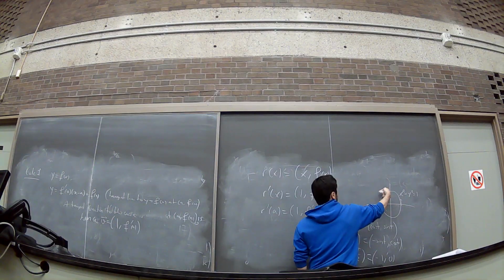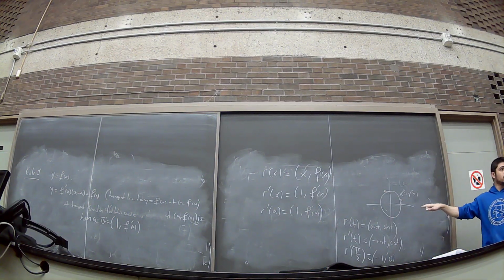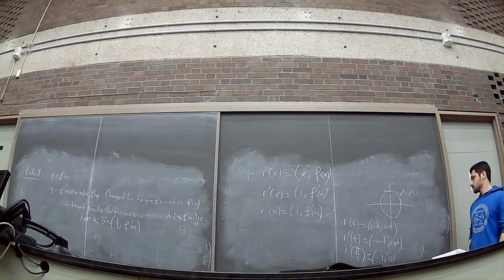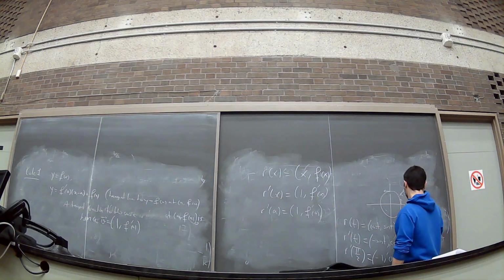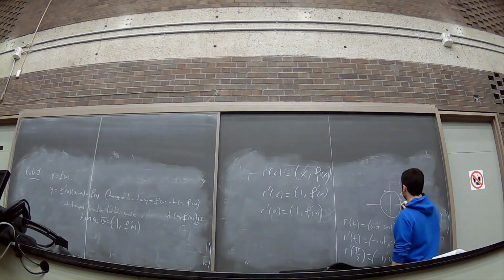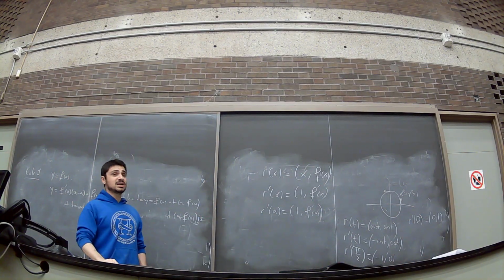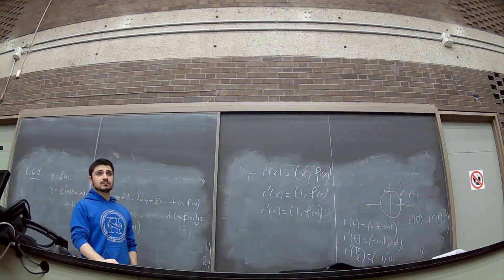Look at this. It's going in this direction. And at this point, which is the point (1, 0), what value of t gives me the point (1, 0)? t is equal to 0. R prime of 0 is (0, 1). Look at this. This is the tangent vector. Okay? You see that?